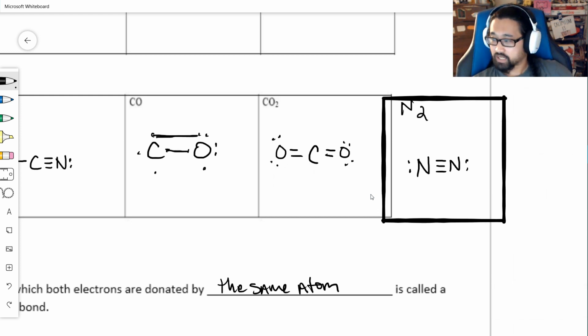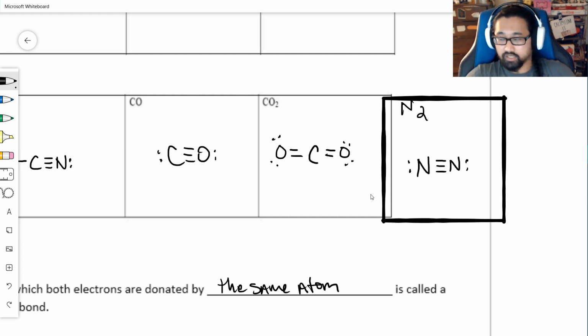Because of that, oxygen is going to take the 2 electrons that are here on the right side, and it's going to make both of them into a bond and share both of them with carbon. Right? Now, when that happens, if you look, this is 1, 2, 3 lines, that's 6 electrons, and each of them has 2 more spare electrons, which means that when it comes down to it, this is the structure that you see, a triple bond.